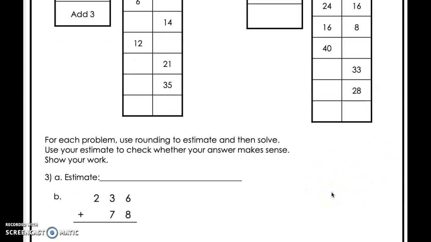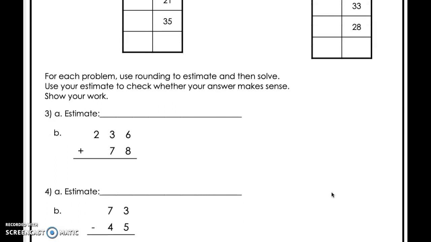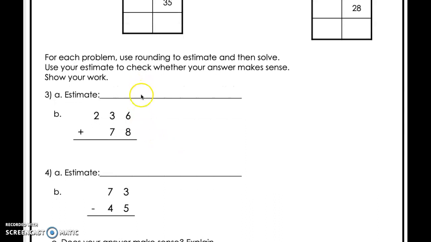Okay? Now, the next problem is rounding. Use rounding to estimate and then solve. Use your estimate to check your work to make sure it makes sense. So if your estimate is close to the real answer, then it makes sense. So if I estimated 236 to the nearest 10, that would be 240.